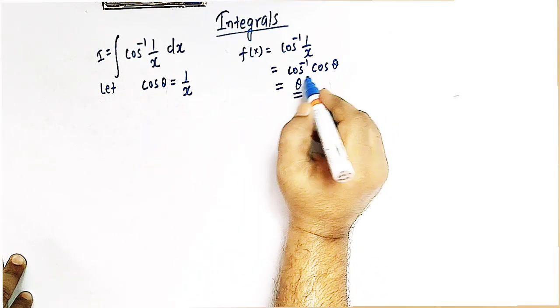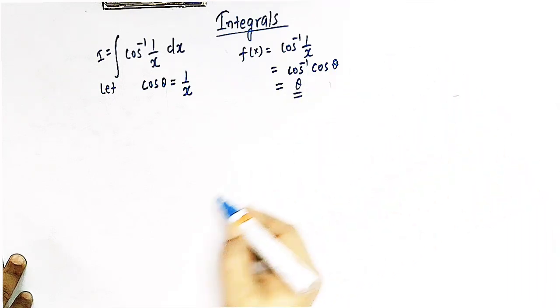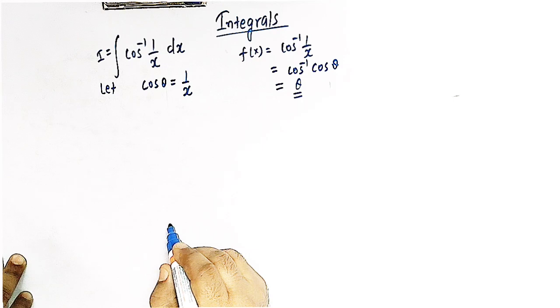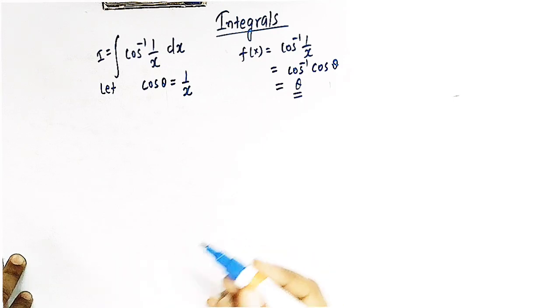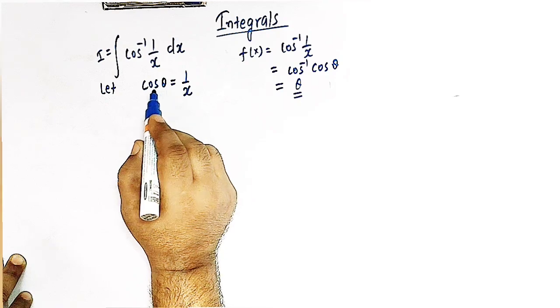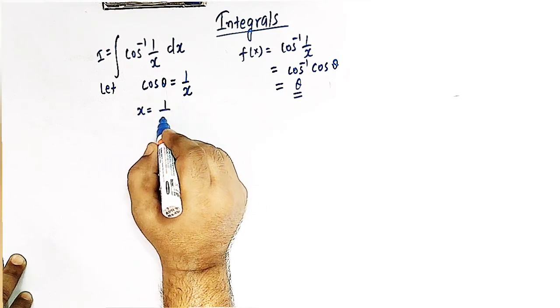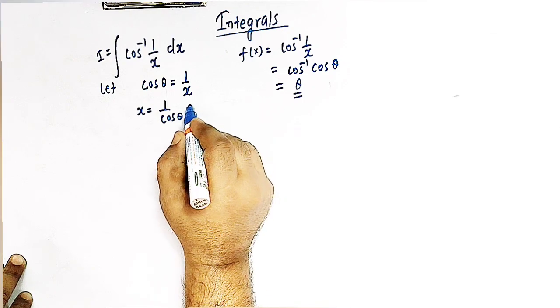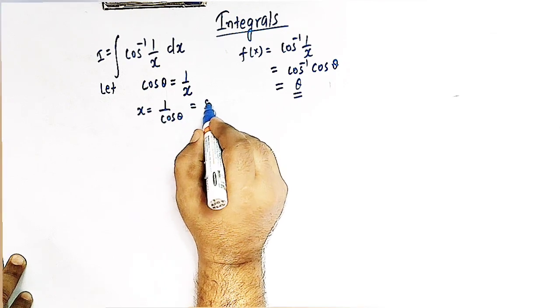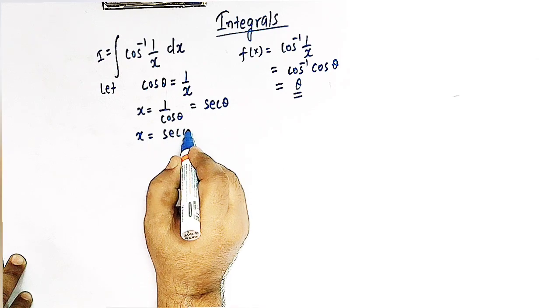Here we can cancel cosine inverse and cos by the definition of the principal value branch of the cosine inverse function. So we make this substitution, and now we can write x is equal to 1 over cos theta, and 1 over cos theta is secant theta. So we have x is equal to secant theta.